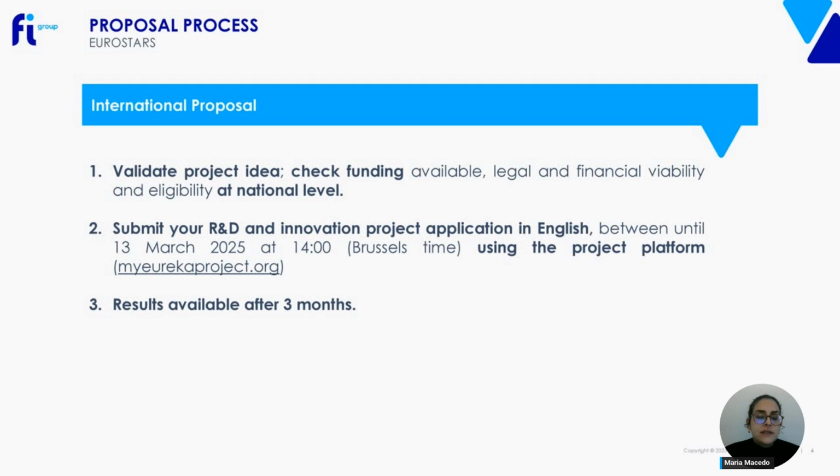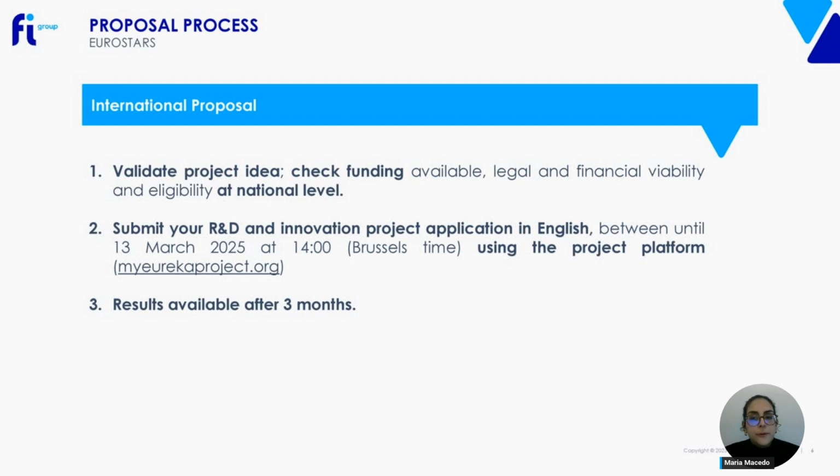Usually, Eurostars has two cutoffs during the year, one in March and another one in September. As a general rule, of course, this should always be validated each year. And so this is the first step for the Eurostars process. Results are available usually 3 months after the deadline date.